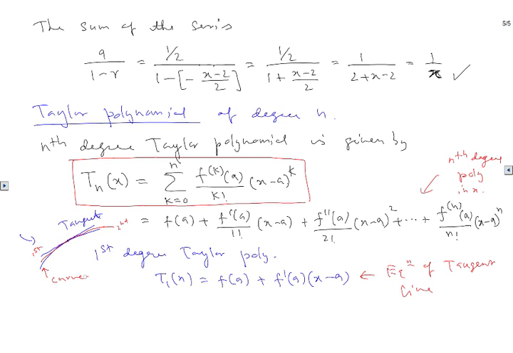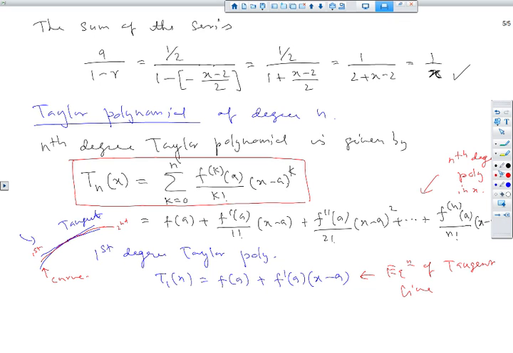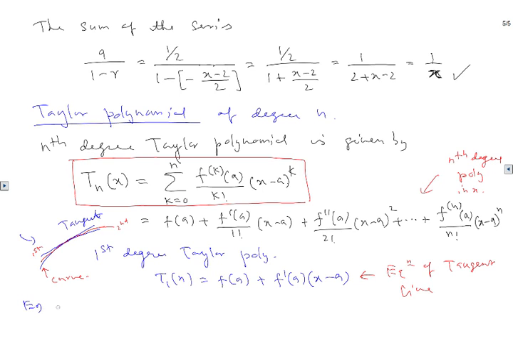Okay, so let's look at a few things. Another example: f(x) equals e to the x, that's an easy one. The Taylor polynomials: T1(x) is the first degree polynomial, that is 1 plus x, we only consider up to degree 1.